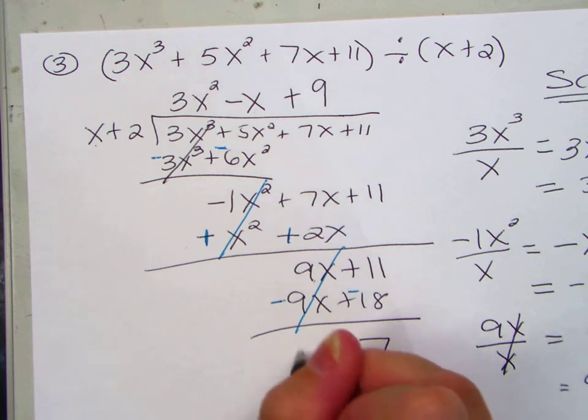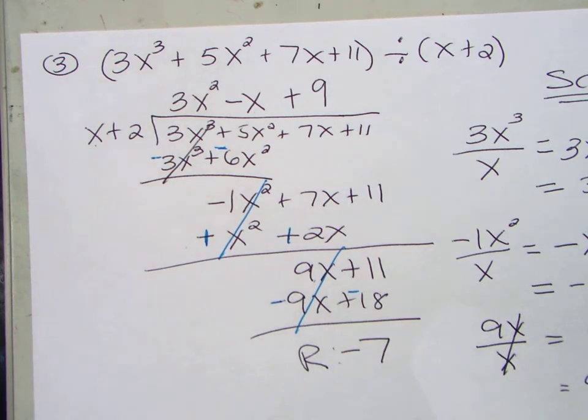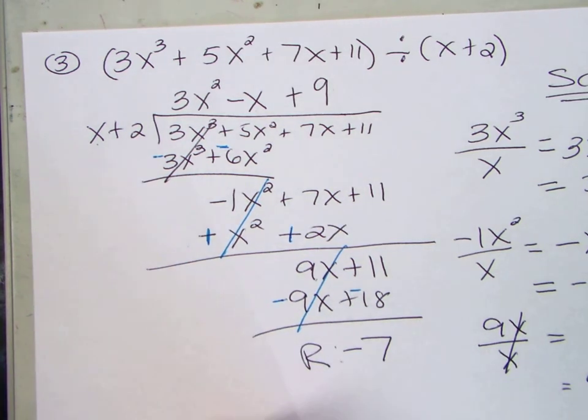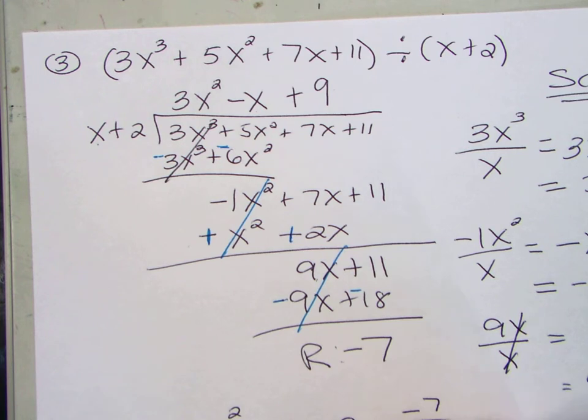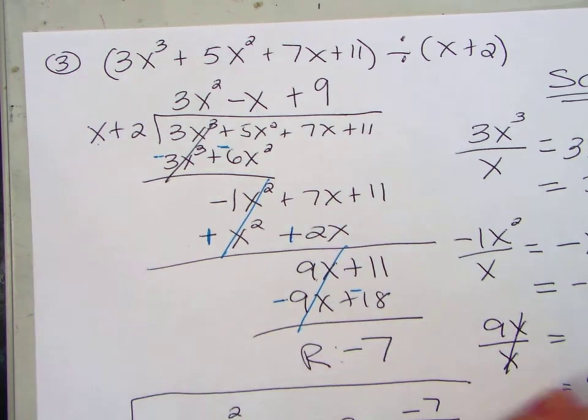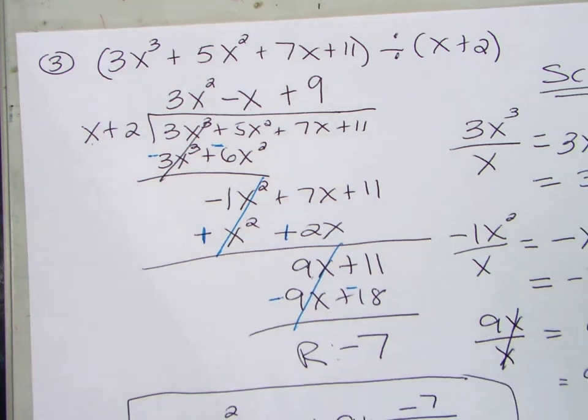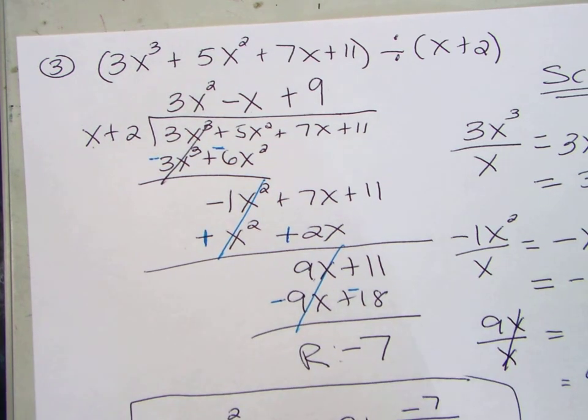This is our remainder. So this is how we write our answer: 3x squared minus x plus 9, and then negative 7 over x plus 2. This is your answer. Sorry, I should put a plus there. You could either put the negative out front or put a plus in front of the negative there. It honestly doesn't matter.